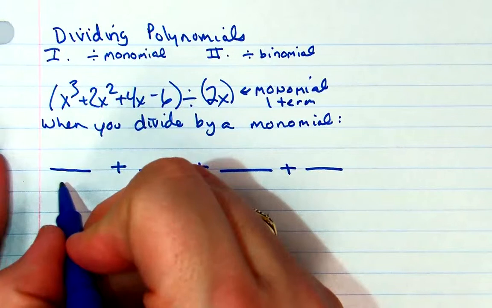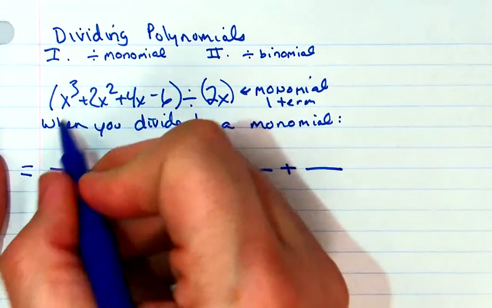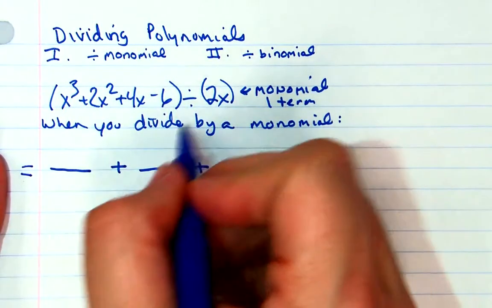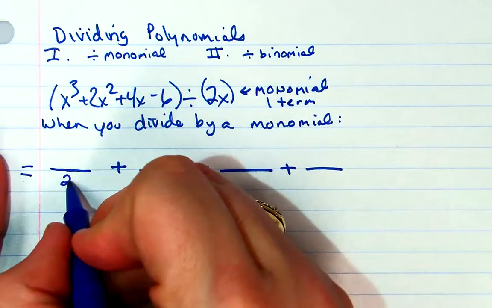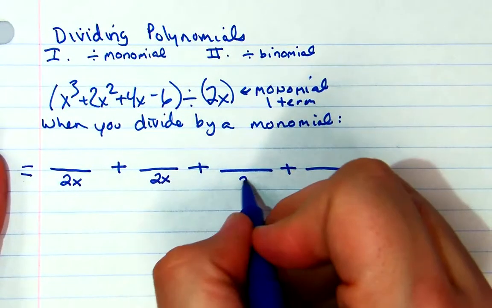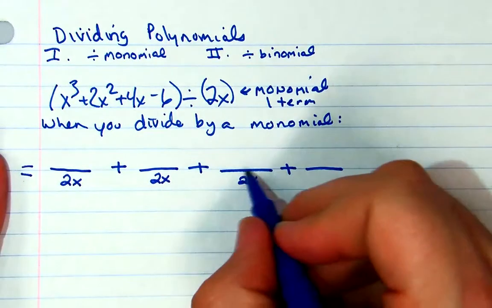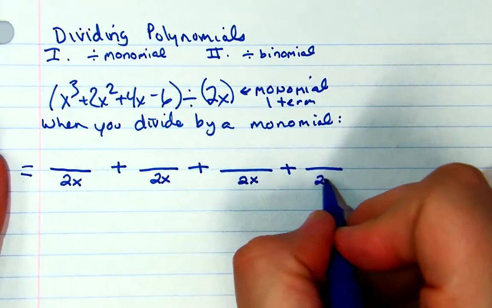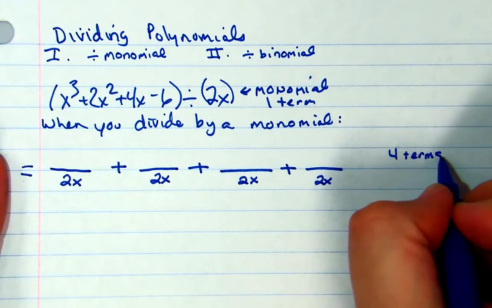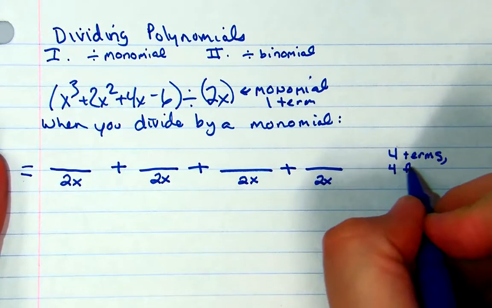We'll put an equal sign here because we're going to have an equivalent expression. In the denominator, we're going to put the monomial because everything is being divided by 2x. Every term. Each one of these fractions represents a term. So 4 terms, 4 fractions.